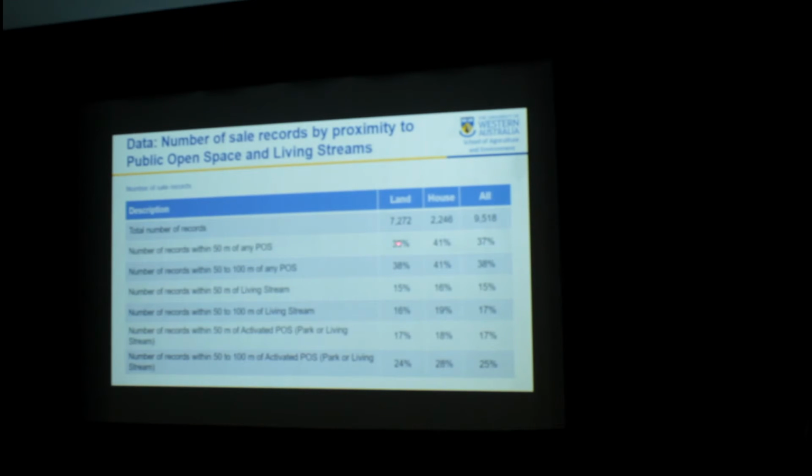Within any public open space is 36%, within 50 meters about the same, within 50 to 100 meters about the same. Out of that, living streams about half, like adjacent to living streams about half of those. And also out of all public open space, about half would be adjacent to public open space that is a living stream or other which has some recreational infrastructure, the activated living streams or activated parks.